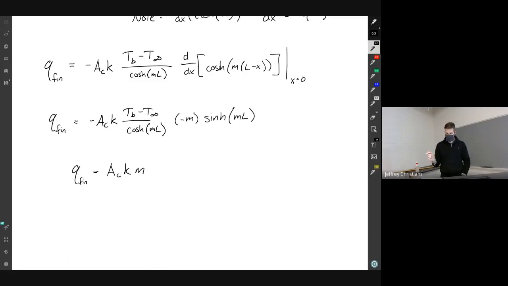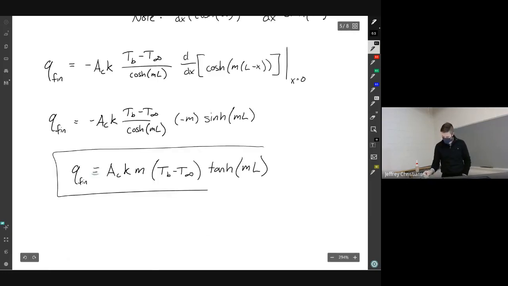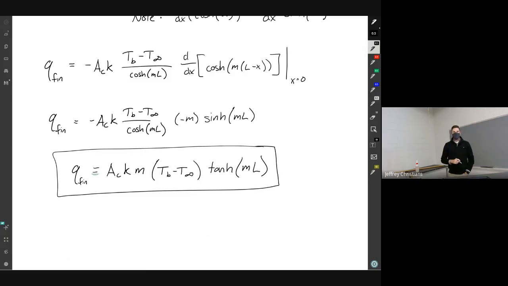We have a negative AC and a negative m, times (T_b minus T infinity) times the hyperbolic tangent of mL. I can make my equal sign better. All right. It's a journey.